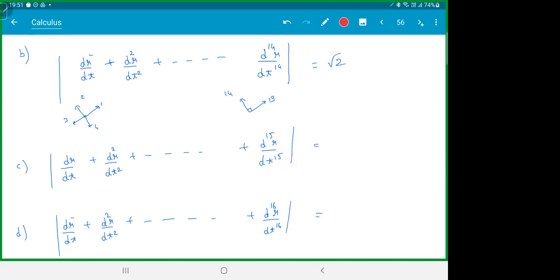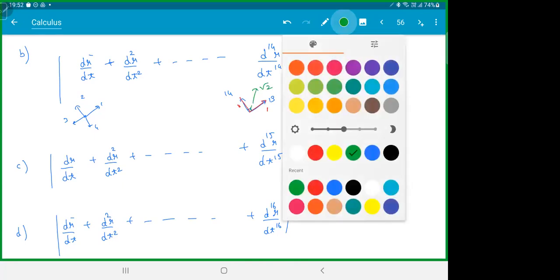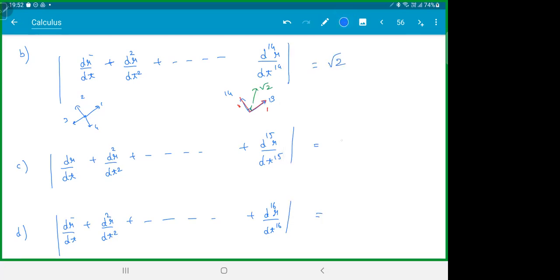So the 13th vector is 1 and the 14th vector is 1, and both are perpendicular. The resultant will be in the middle, root 2. It's like i cap plus j cap. This will be 1 and this will be 0, because this will be 13, 14 and 15. This all will cancel out.